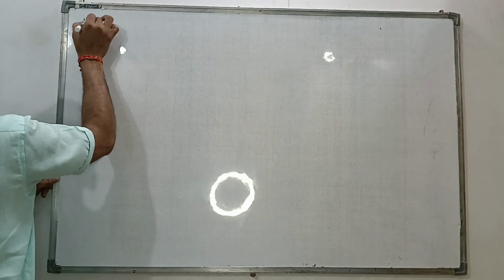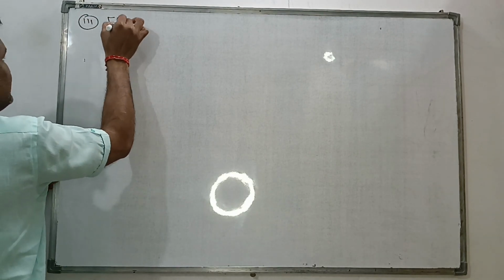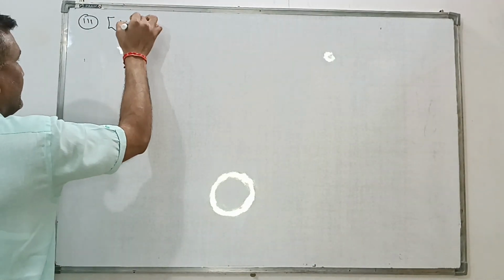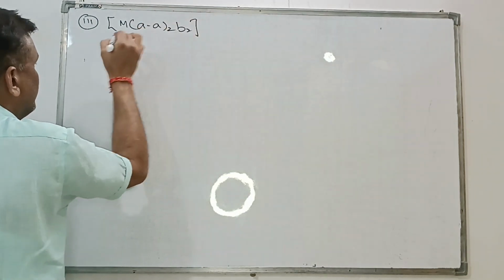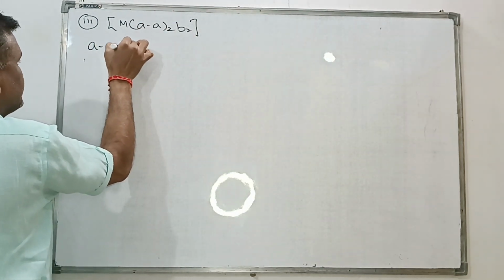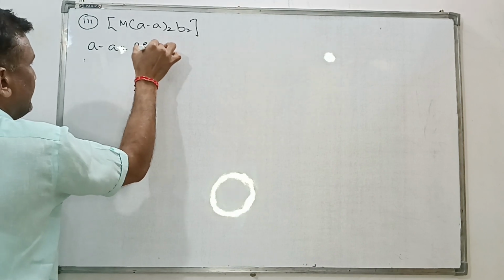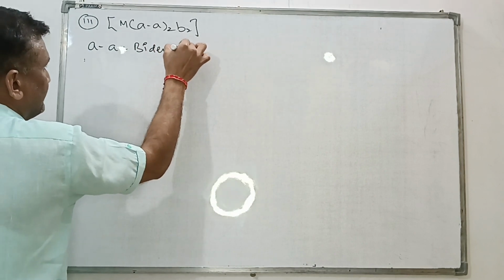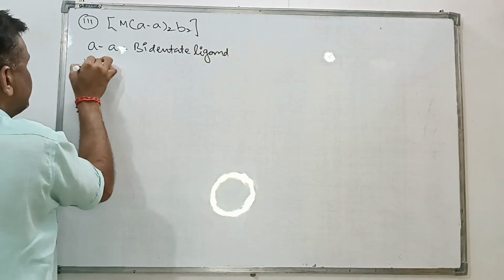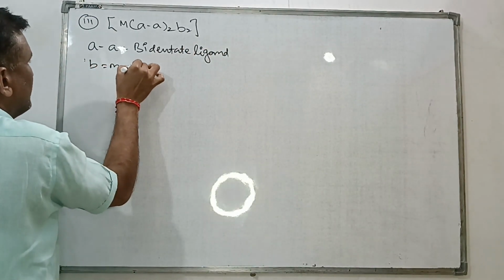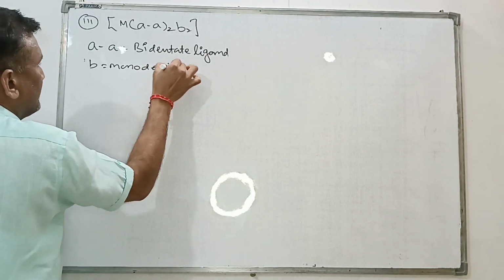This is the third formula, M(AA)2B2, where A bond A is a bidentate ligand and B is your monodentate ligand.